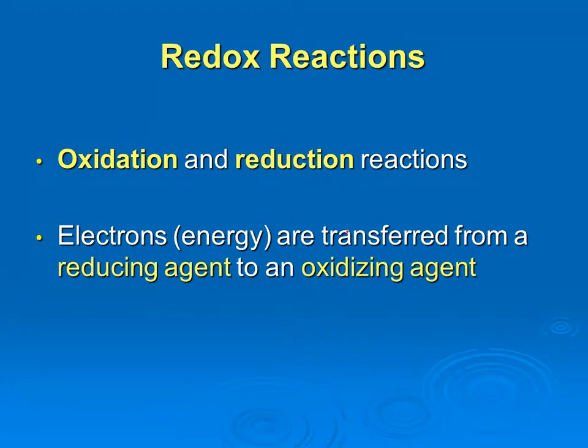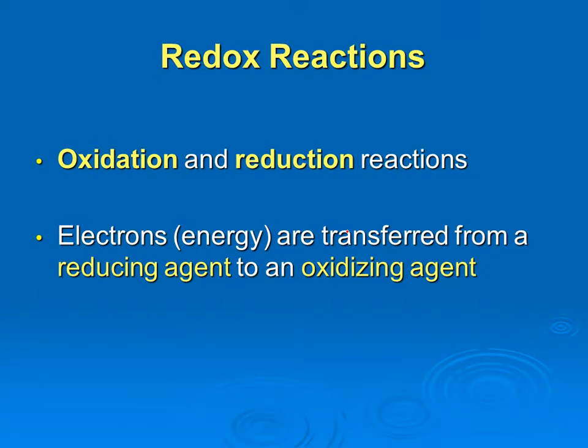All right, other types of chemical reactions here are oxidation and reduction reactions. We're not going to go over these a lot here. We're going to pick this up mainly whenever we get into some other concepts like photosynthesis and cell respiration. You'll see what are called oxidation and reduction reactions.